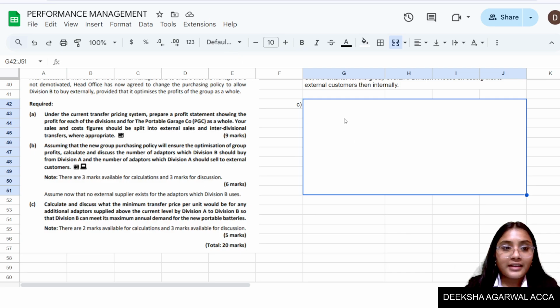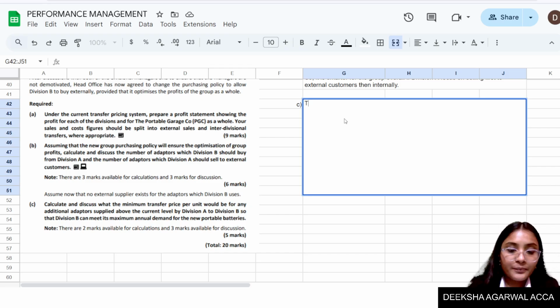You need to understand that to supply 1,80,000 adapters to division B, division A has to cut off their external sales from 2 lakh to how much? 1,70,000, because their total operating capacity is 3,50,000, out of which 1,50,000 they were already supplying internally, and their external sales is 2 lakh. So they need to cut it down.